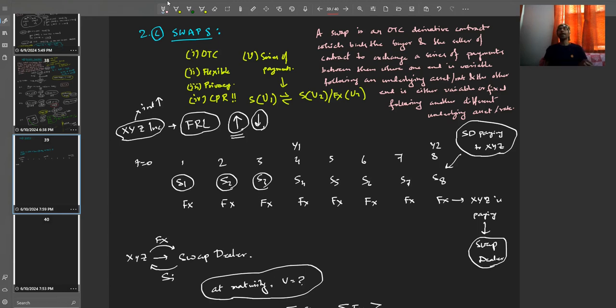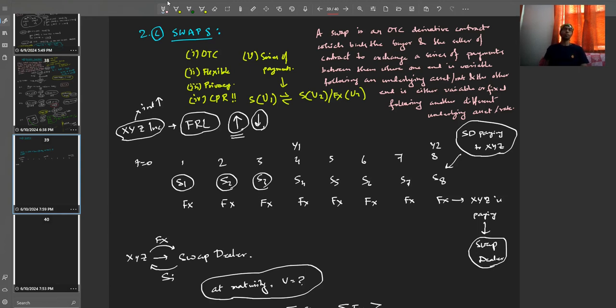I'll repeat once again. A swap is an over-the-counter derivative contract which binds the buyer and the seller of the contract to exchange a series of payments between themselves where one end of the payments is variable following one underlying asset or rate and the other end is either variable or fixed following another different underlying asset or rate.